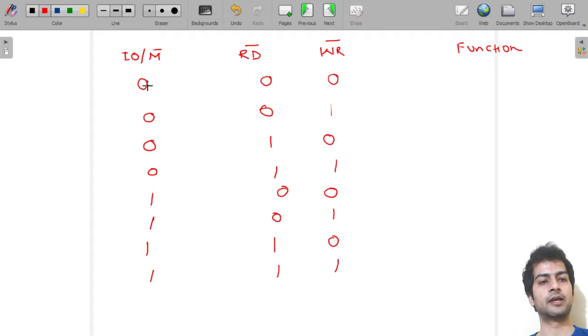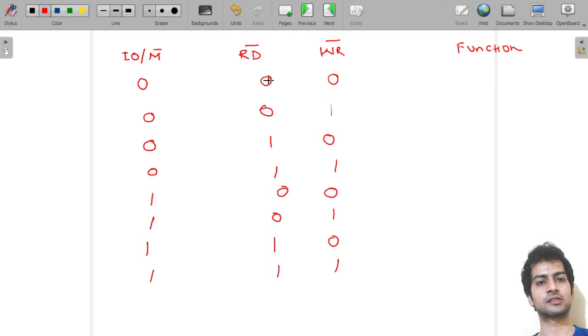Okay. Then 0 means we are dealing with memory. Now it is 0 0, that is, it is reading as well as writing.